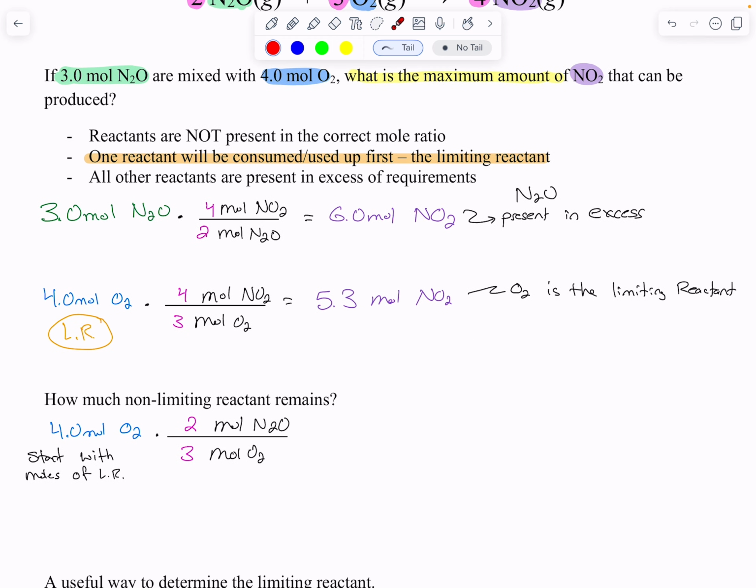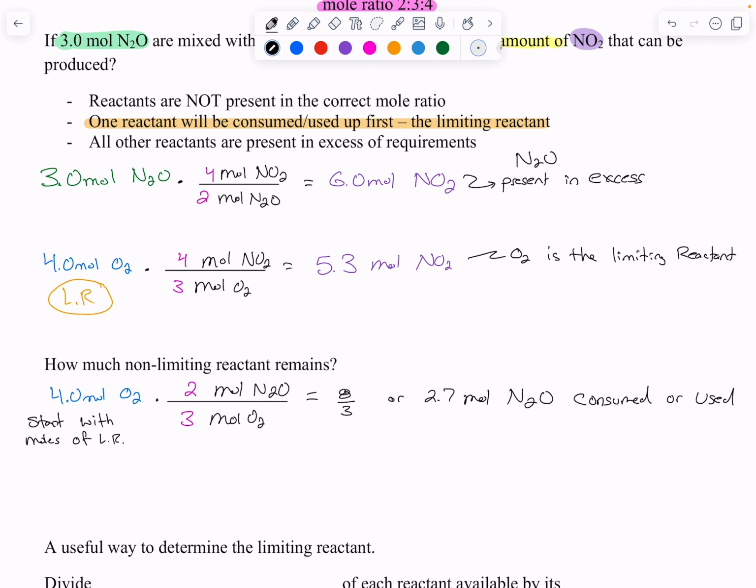And so that's 8/3, or 2.7 moles of N2O consumed or used. So that's how much we use.